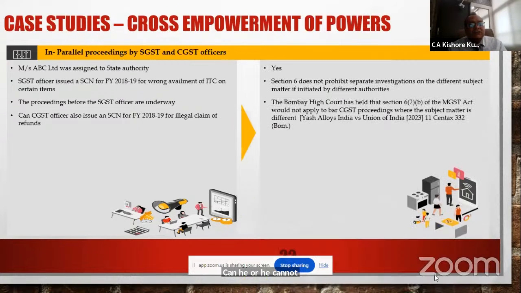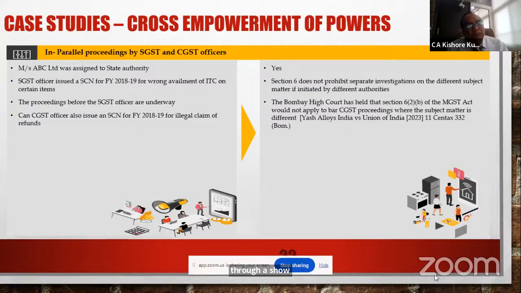He can very well issue, friends. Section 6 does not bar it if the matter is different. It only prohibits the CGST officer from initiating proceedings on the same subject matter if the matter is already underway through a show cause issued by the SGST officer.